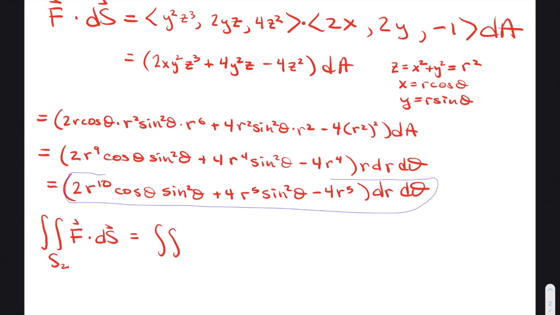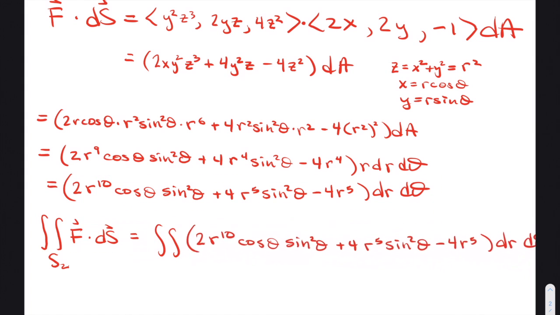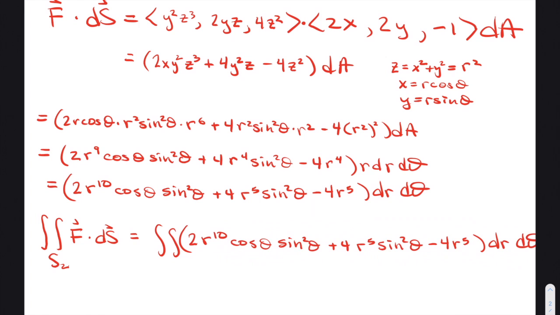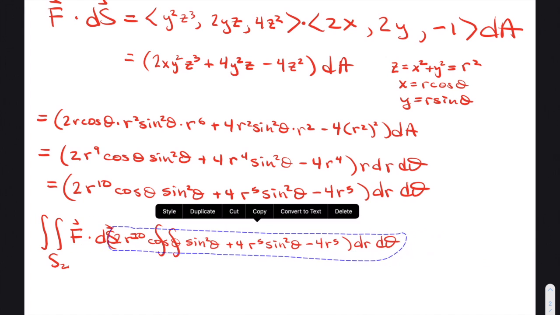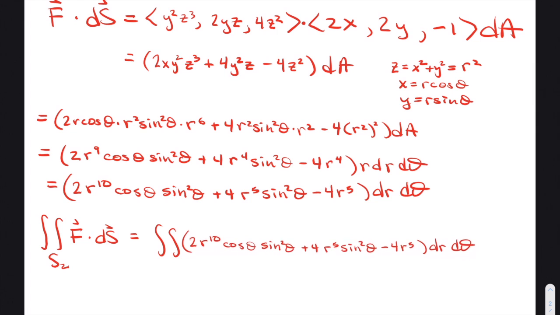I'm just going to copy and paste that. Maybe squeeze it in a little, and put limits on. So r is going from 0 to 3, since it's a circle of radius 3, and then theta from 0 to 2 pi.